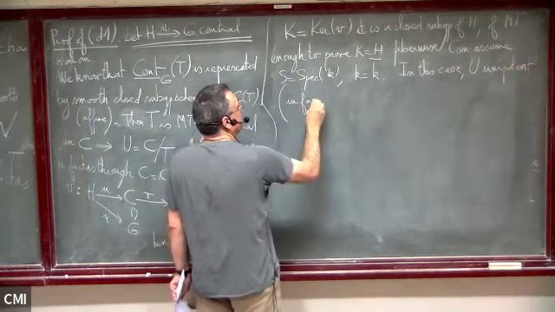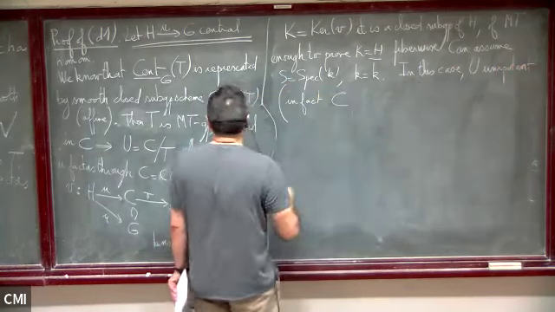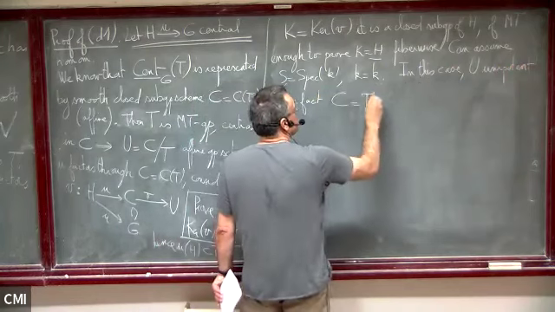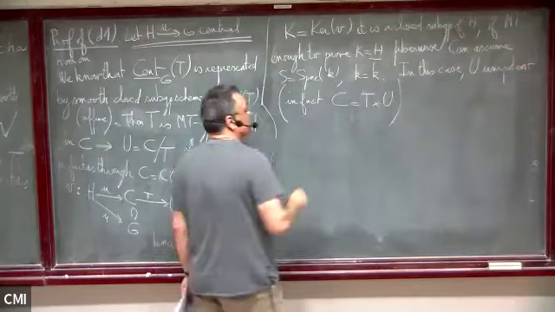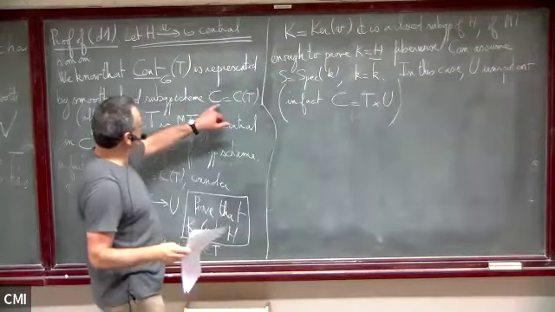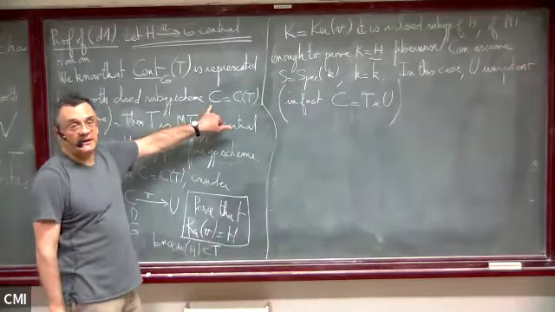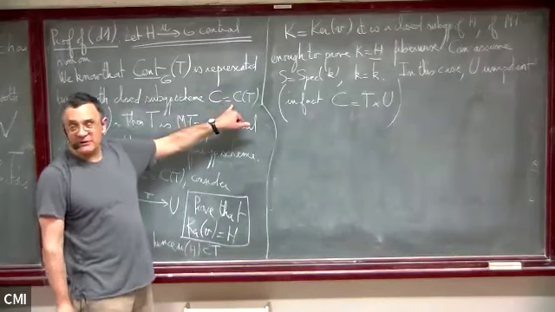So in fact, over an algebraically closed field, we have this group which contains a maximal central torus.